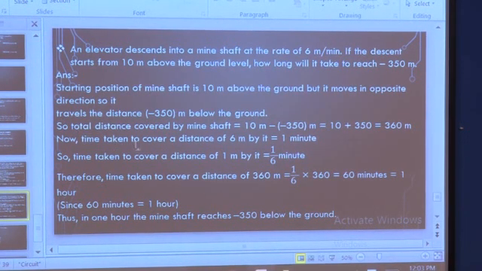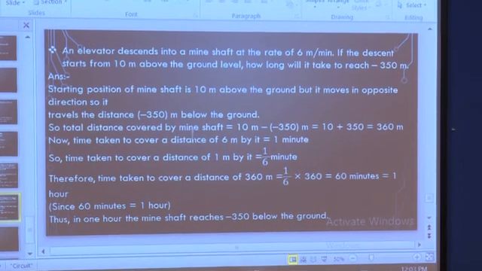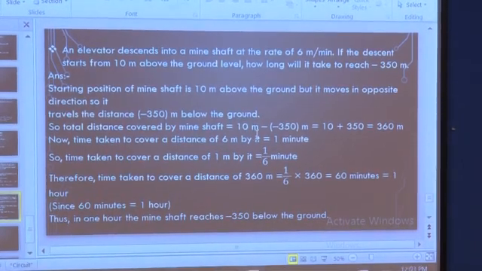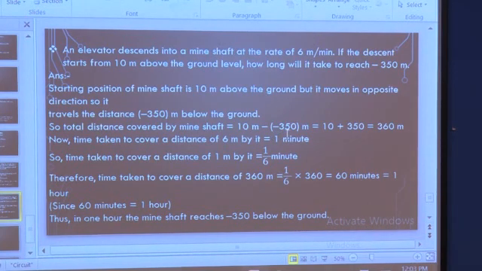So the total distance covered by the mine shaft is equal to 10 meters minus, inside the bracket, minus 350, because we already had written the statement. So we had taken the 10 meters from the statement and the minus 350. We have to find the difference.